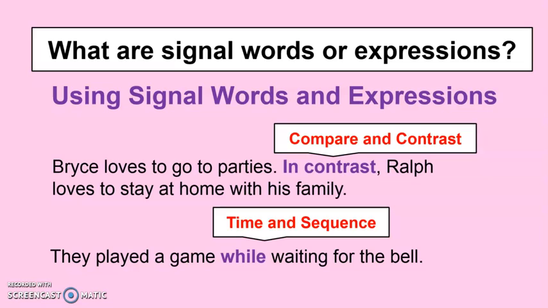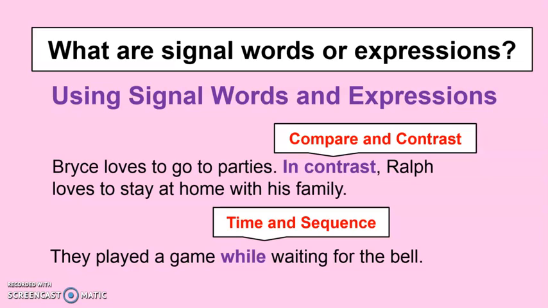That is what a signal word or expression is. We use signal words and expressions to show relationships among ideas or sentences, and because of those relationships, we are actually creating a pattern.